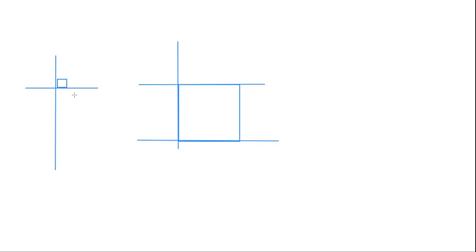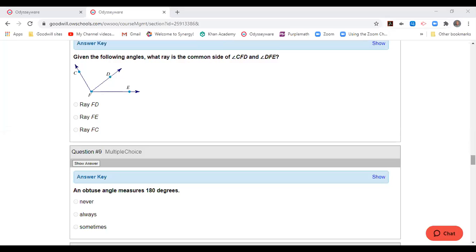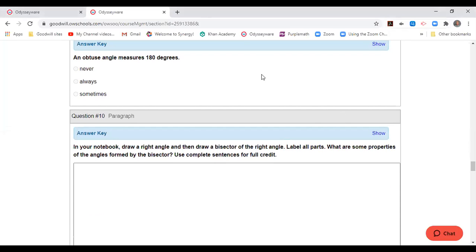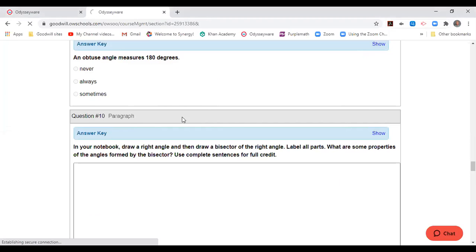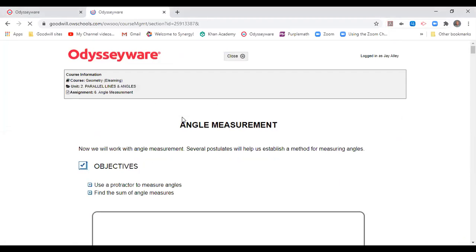Perpendicular lines always create those 90-degree angles, and that is something also that you'll use to help figure out angle measurements. And the last piece of this is specific to the angle measurements.